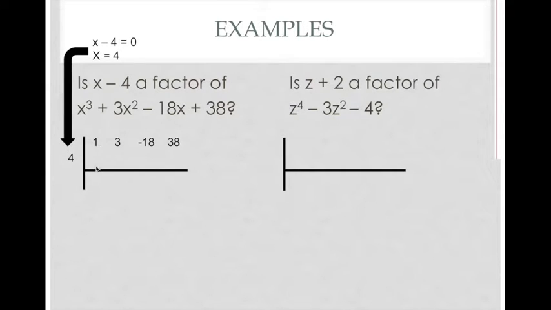Now I bring down my first coefficient, 1. Then I multiply 4 times 1, which is 4. 3 plus 4 is 7. 4 times 7 is 28. -18 plus 28 is 10. 4 times 10 is 40. So I have a remainder of 78.